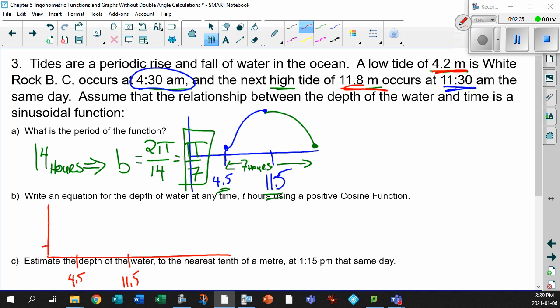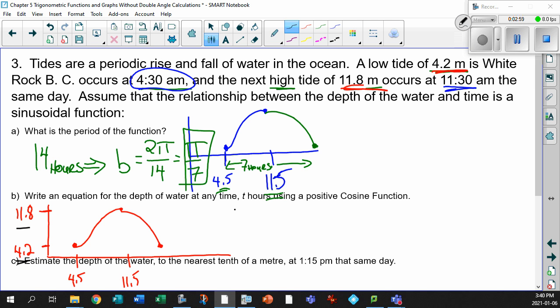So you start here at 4:30 in the morning. You rise up to the high tide, which is at 11:30, almost noon. And then you start to cycle down. Perfect. So there's your values.